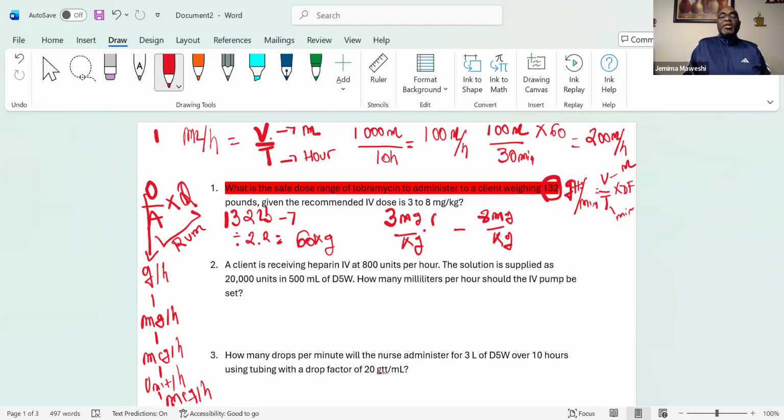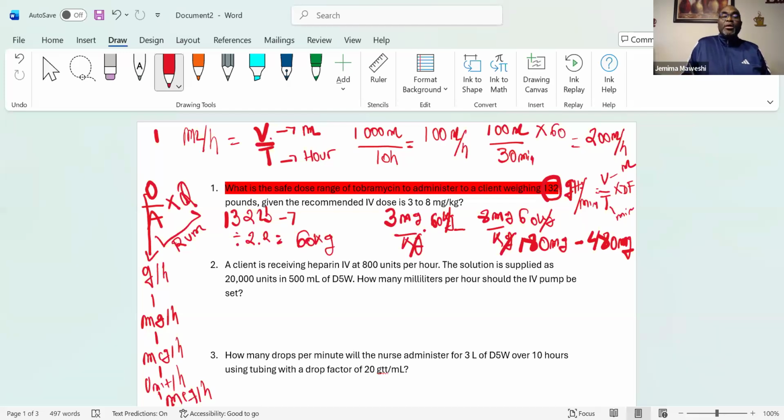So whenever the patient weighs 60 kilogram, here 60 kilogram, we multiply, kilogram and kilogram will cancel out. You see that? So now you will have 3 times 60, you're going to have 180 milligram, to 8 times 60, so you got 480 milligram. All right, so that is the safe dose range.